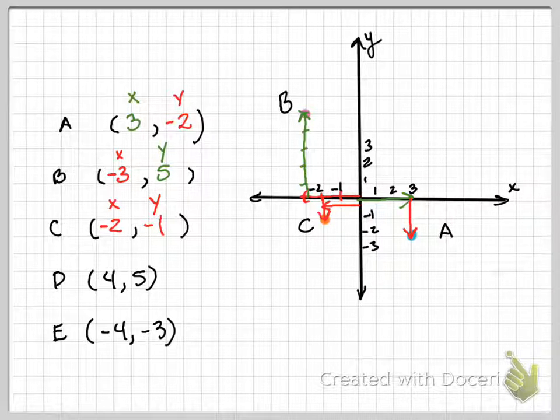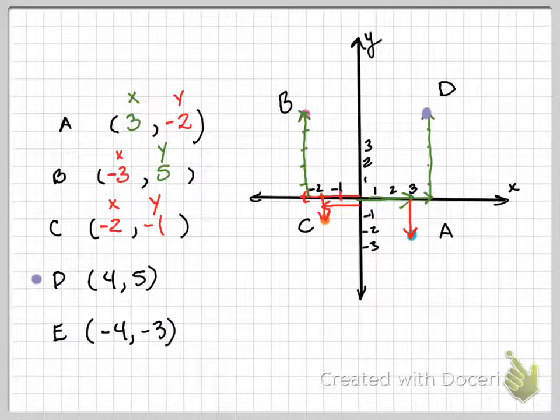Okay, so if I plot the point 4, 5, that means that I go over to the right 4 units, and then I go up 1, 2, 3, 4, 5 units, like that. Okay, so that means that point D is going to be right there. So if that's where you drew it on your paper, then you were correct.